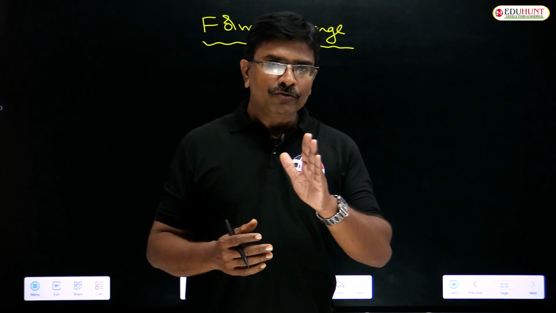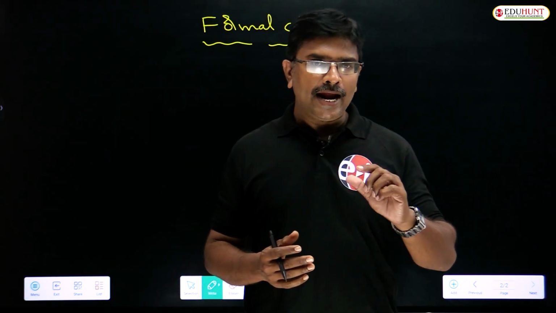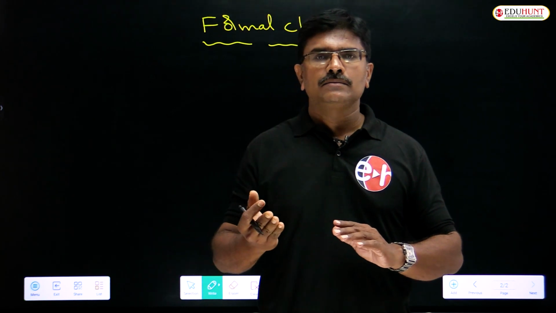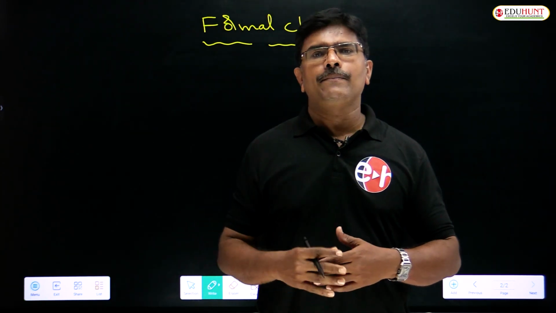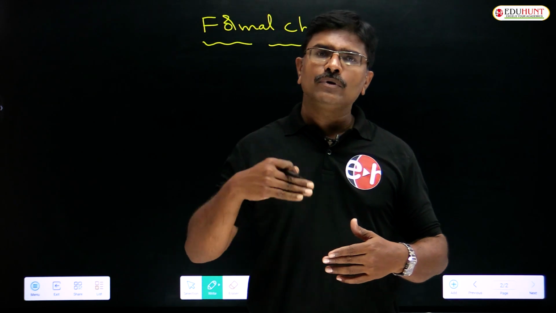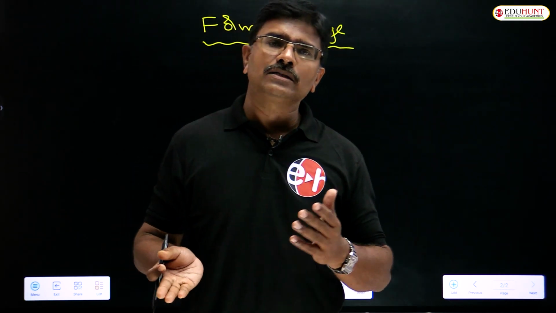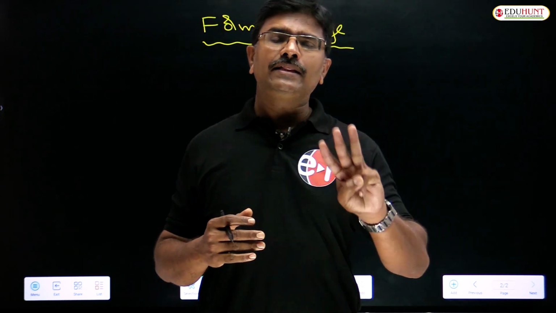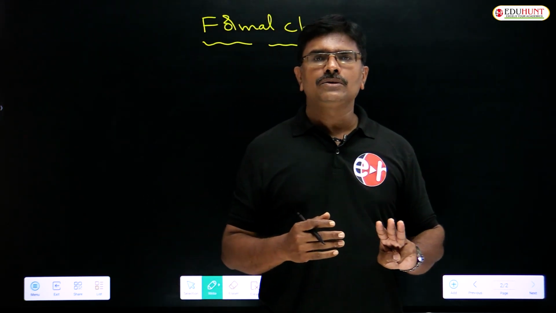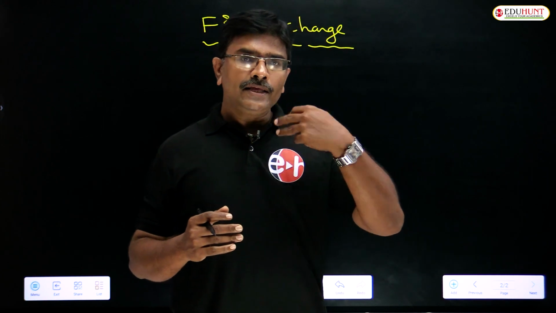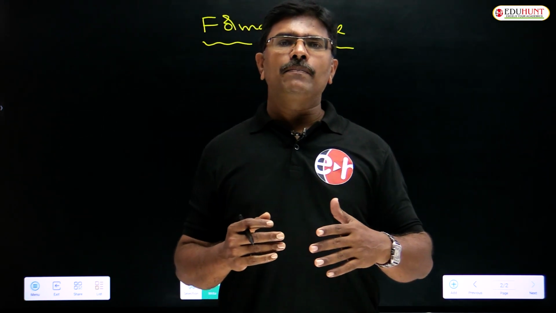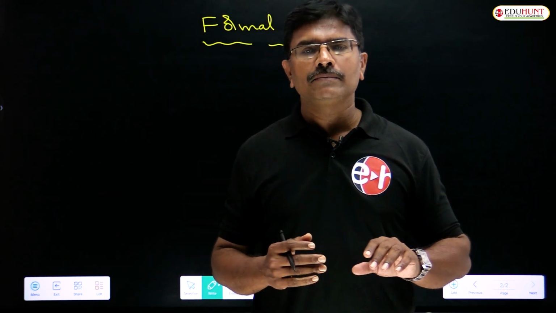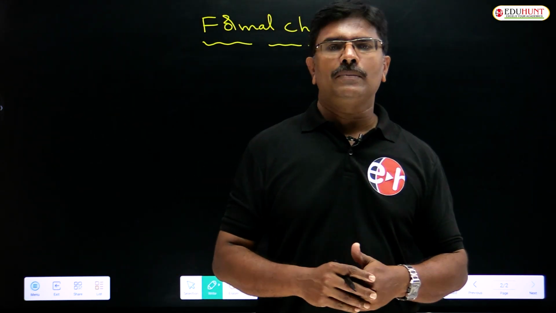So in the formation of a molecule, these atoms might gain electrons, might lose electrons, or neither of these may happen. These three things might happen. When these phenomena take place, automatically some kind of charge is developed on that atom, which we call the formal charge.